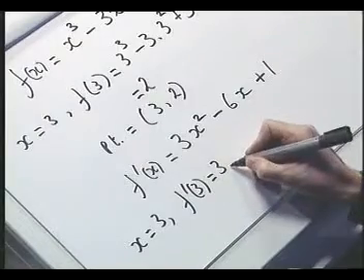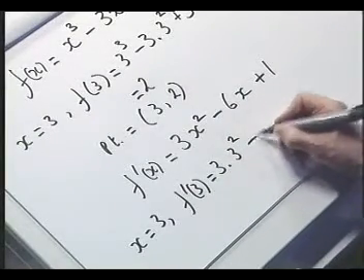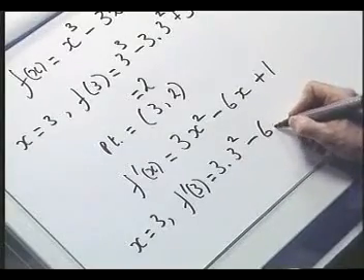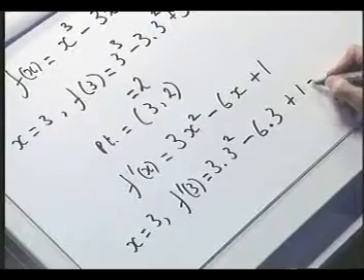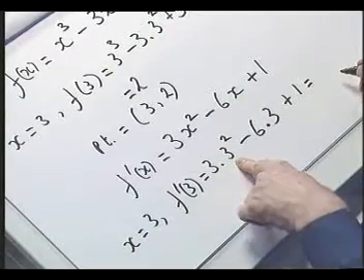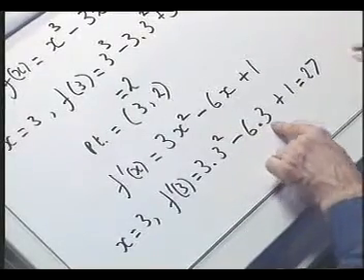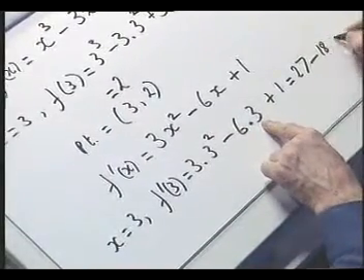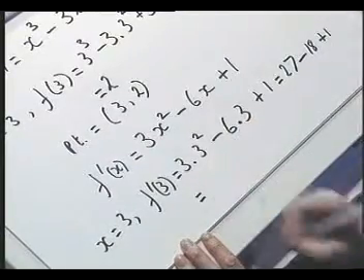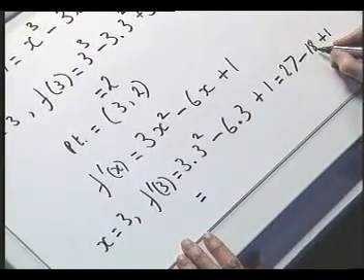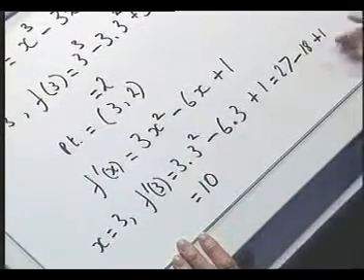And so we have 3 times 3 squared minus 6 times 3 plus 1. 3 squared is 9, and 3 nines are 27. Minus 6 times 3 is minus 18 plus 1. And so this works out to be 27 take away 18, that's 9, and add on 1, that's 10.